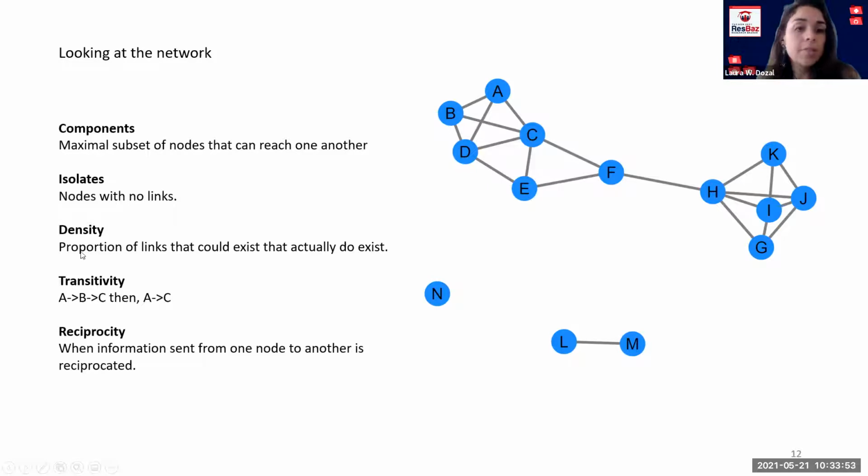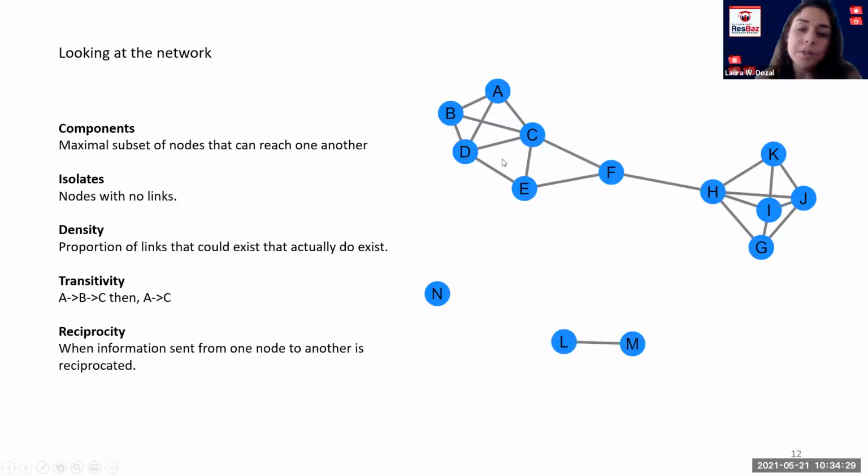Density is the proportion of links that could exist that actually do exist. Essentially, if N were linked, where could it be linked to, and would it be linked to that? A clearer description would be the proportion of observed ties, which can be edges, arcs, or relations within a network, to the maximum number of possible ties.